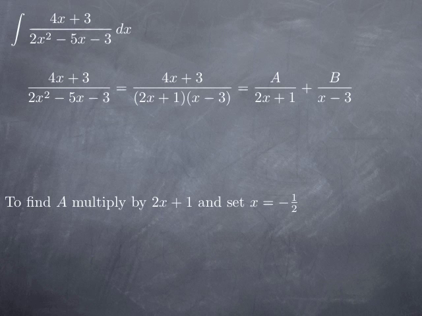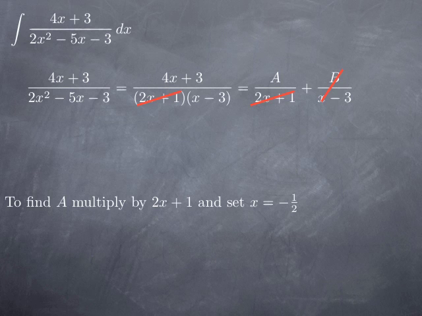Here we can use the cover-up method. To find a, we multiply everything by 2x plus 1 and set that equal to 0, in other words, set x equal to negative 1/2. When we do that, 2x plus 1 cancels out on the left-hand side and at the bottom of a. The other term would be b times 2x plus 1 over x minus 3 when x is negative 1/2, so that gives us 0.